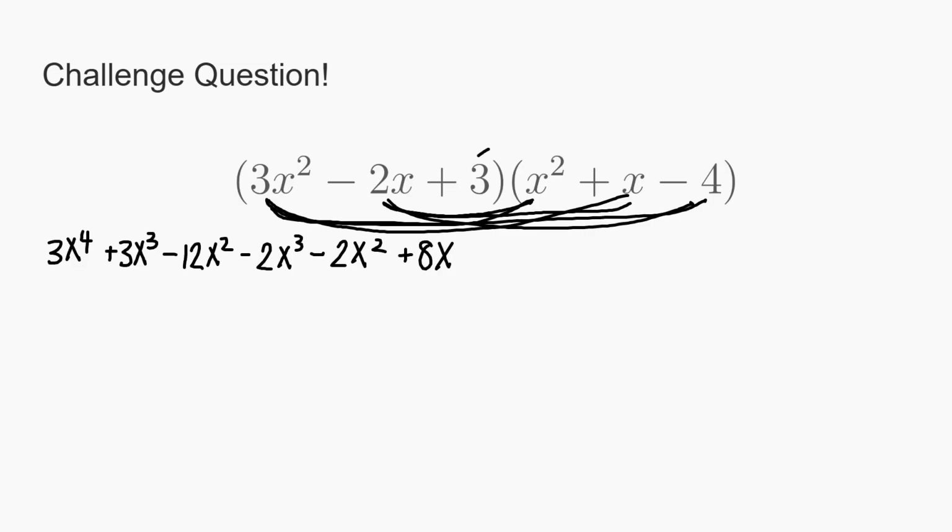Then we have 3 multiplied by x squared, which is 3x squared. 3 multiplied by x, which is 3x, and 3 multiplied by negative 4 is negative 12. We have 1, 2, 3, 4, 5, 6, 7, 8, 9, 9 terms here, so we know that we multiplied all the terms we needed to.